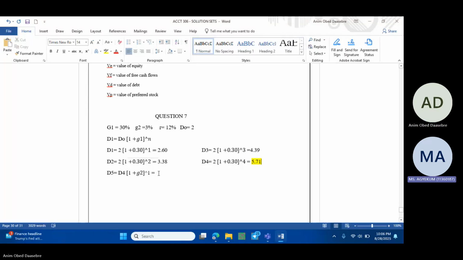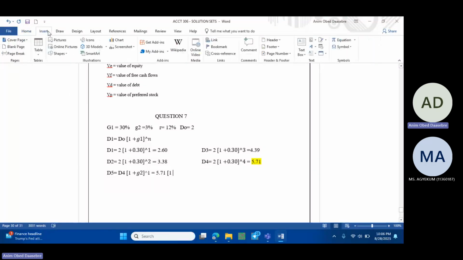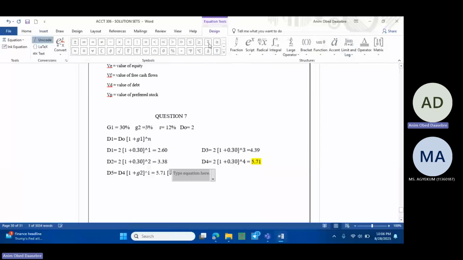Okay. So it means that 5.71 will be the D4, then bracket 1 plus the G2, which is 3%, exponent 1. So do that for me. Let me see what value we are getting. 1.03 bracket exponent 1.